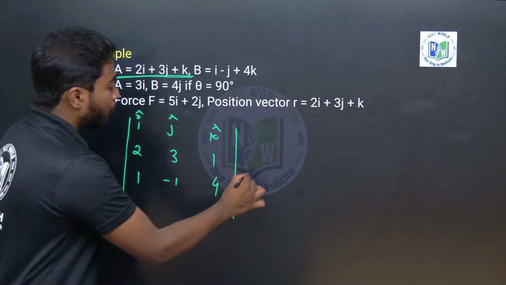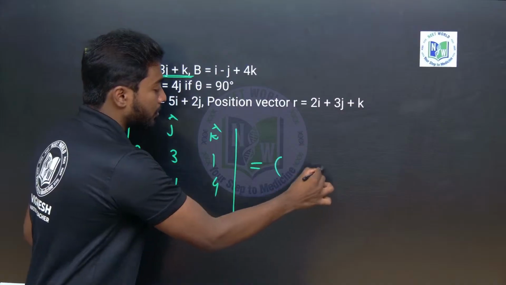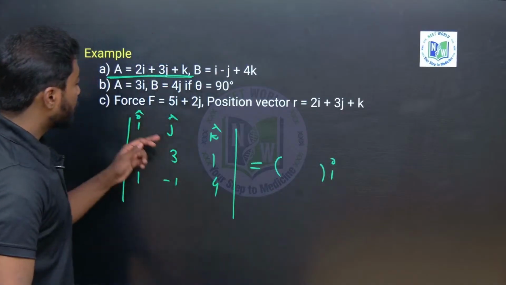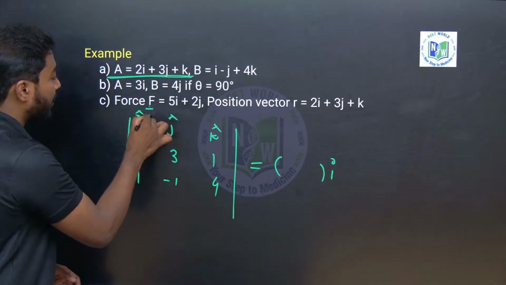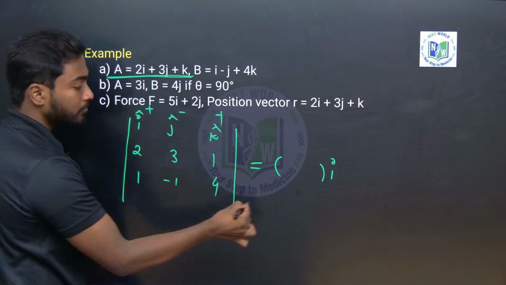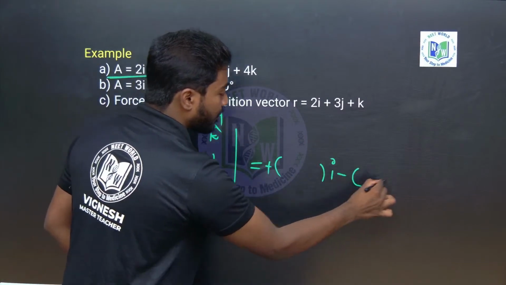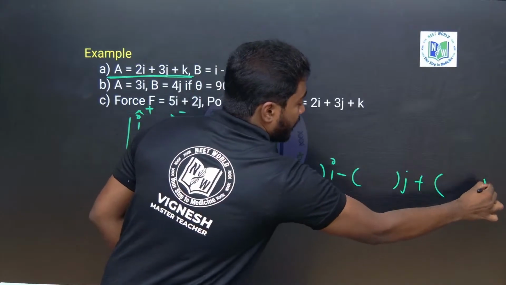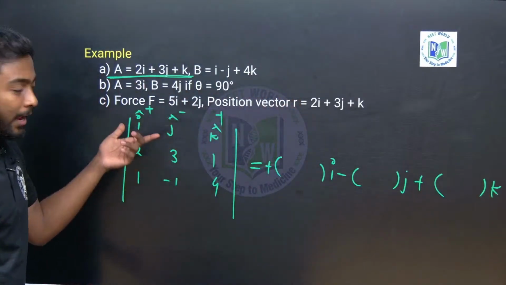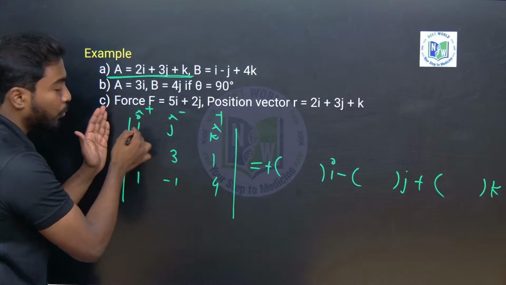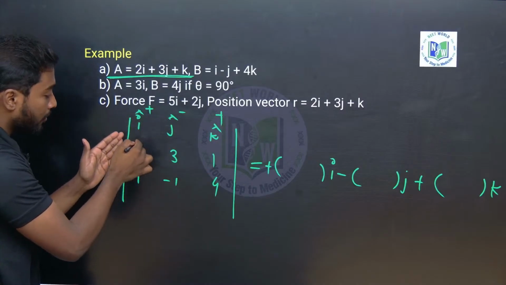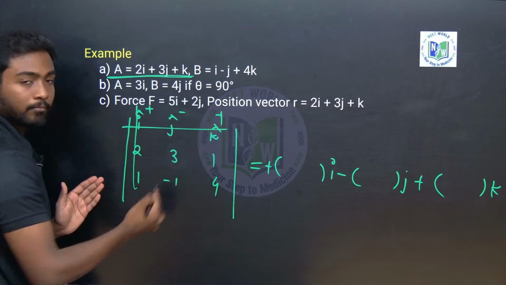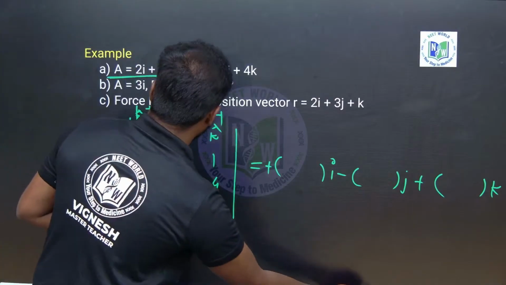So if I want to find the cross product, first keep I. The signs are plus, minus, plus. When I want to find I, close this row and this column.